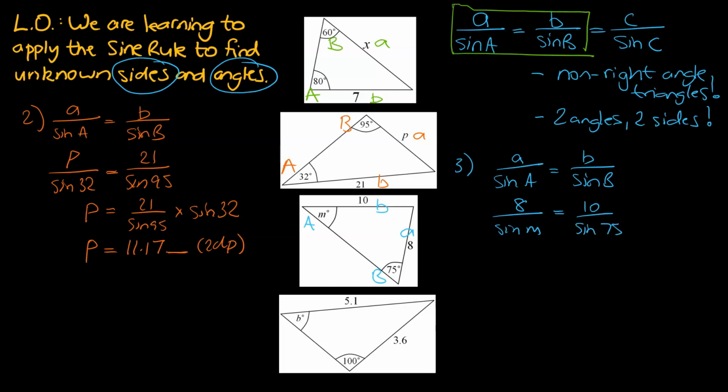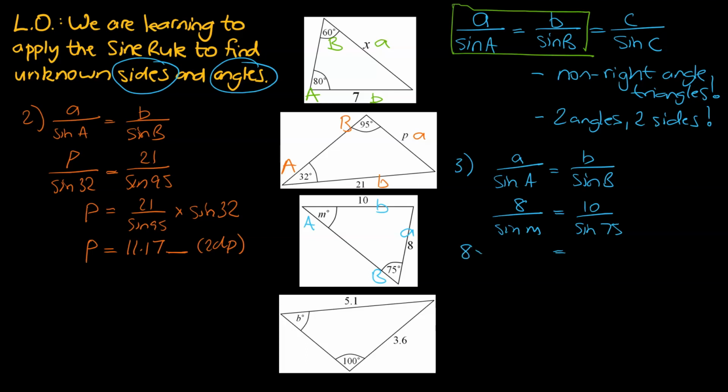We'll then go through our algebra. It's going to be a bit more annoying this time. We're going to move the sine M to the other side, and at the same time, we're going to move the sine 75 to the other side. And they'll both be multiplication.